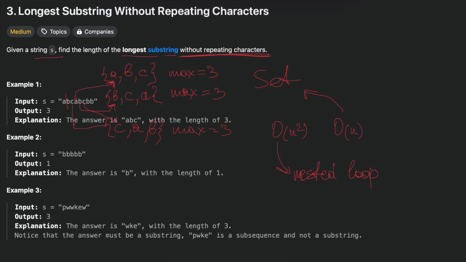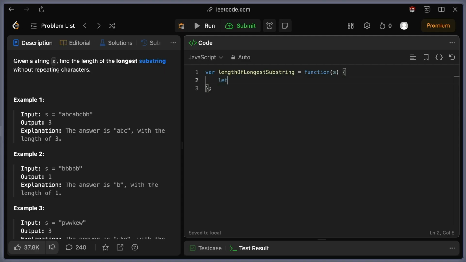Let's implement it in JavaScript to make sure it works. So here we're going to need a variable to hold the max, and then a set to keep track of the characters that we use for our substrings. Then we write a standard nested loop: for i equal to 0, i less than s.length, i plus plus.